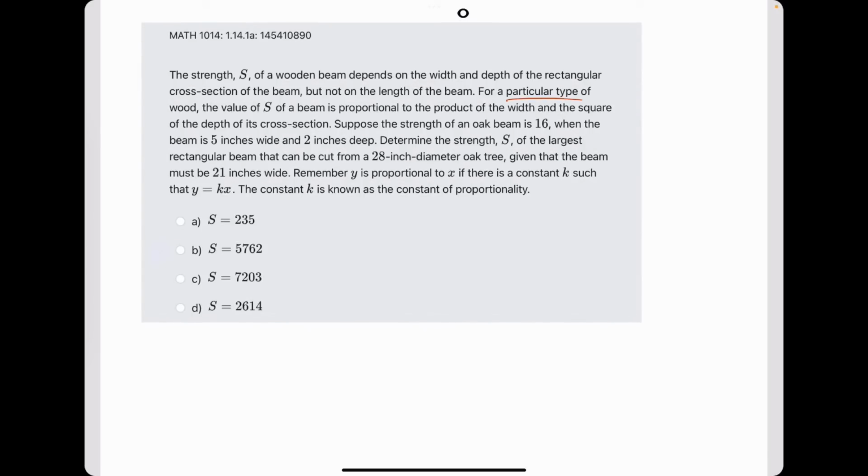They tell us for a particular type, S is proportional to the product of the width and the square of the depth of the cross-section. So I think it's just the same setup. We have K times W times D squared, okay? Then we use the same ideas. Strength is 16, width is 5, 2 is the depth.